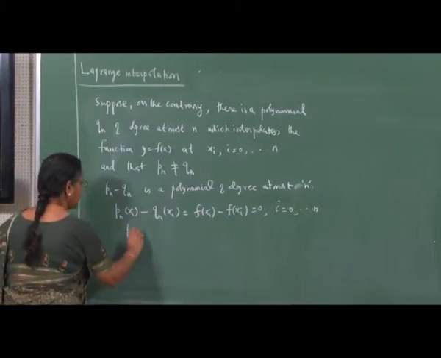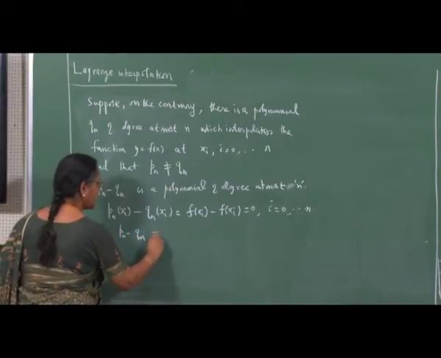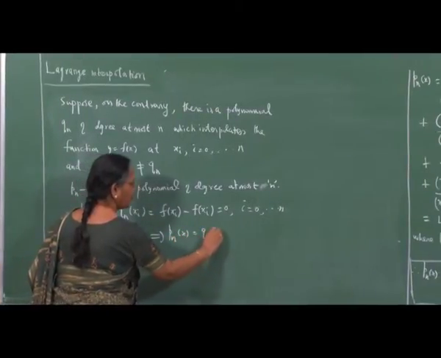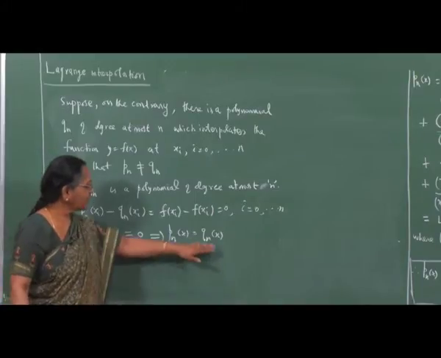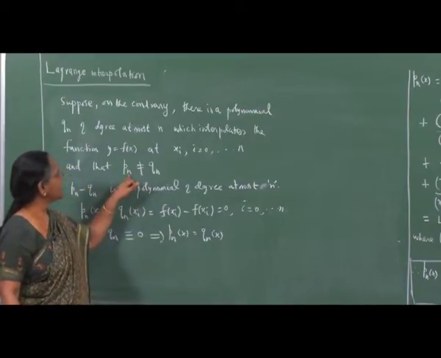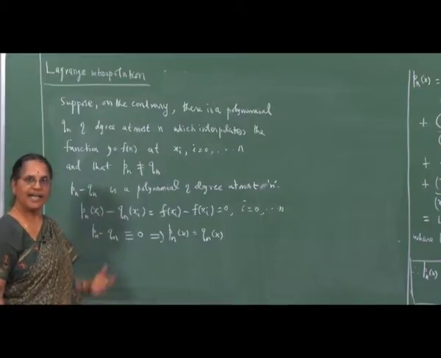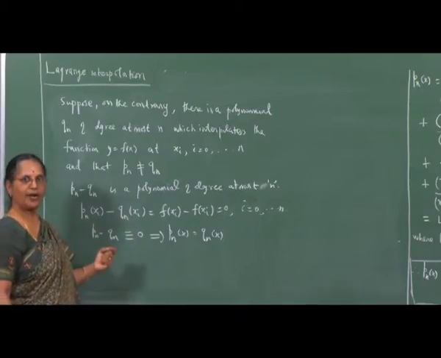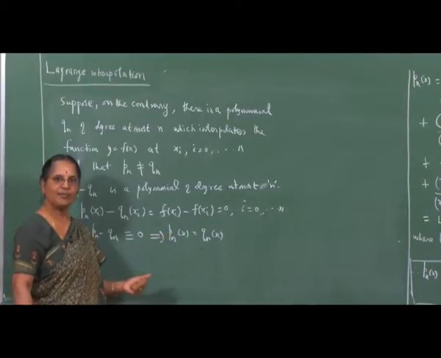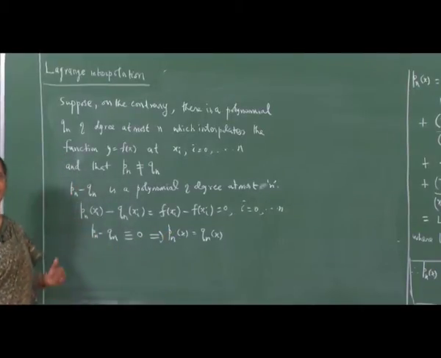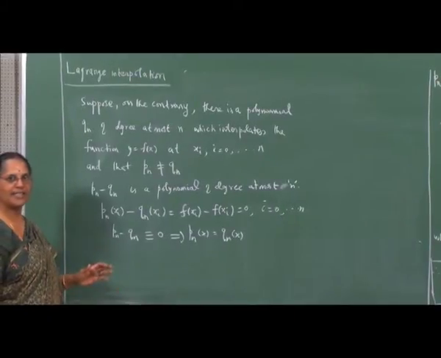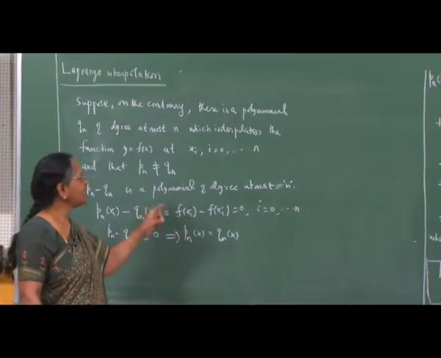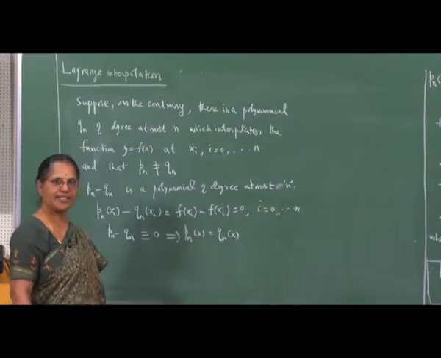So, Pn minus Qn is identically 0, which implies that Pn of x is equal to Qn of x, which is a contradiction to our assumption that Pn is different from Qn, and therefore, our assumption is wrong, and then there exists only one polynomial Pn of x of degree at most n that interpolates the function at a set of n plus 1 distinct points, and that completes the uniqueness of Lagrange interpolation polynomial that interpolates the given function at a set of discrete points.